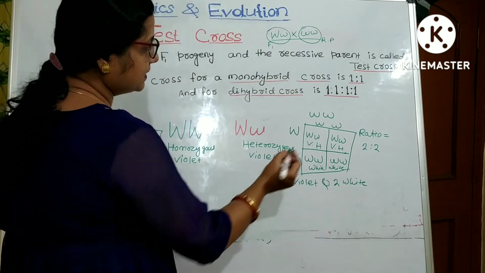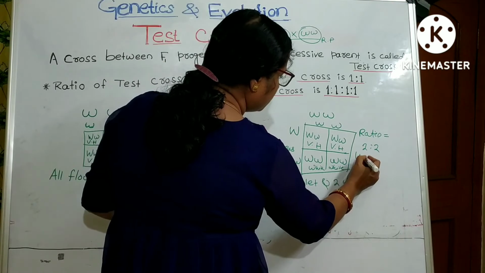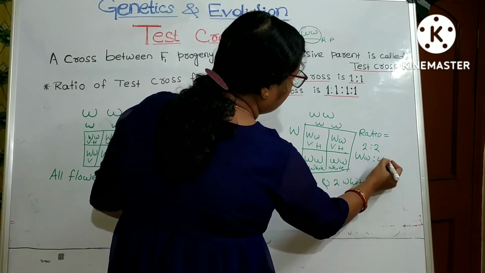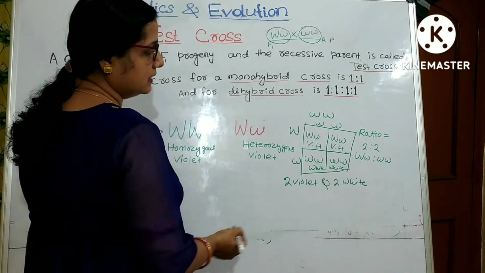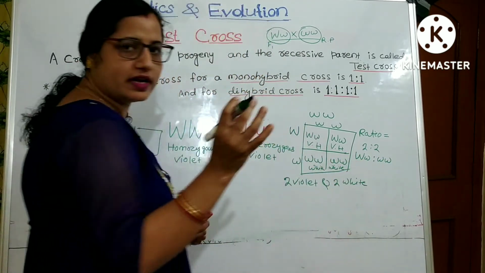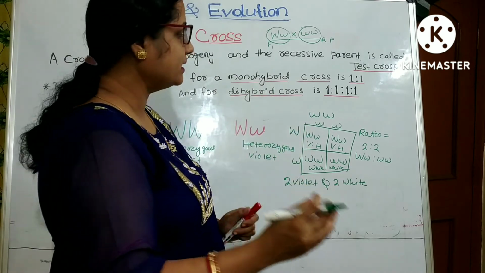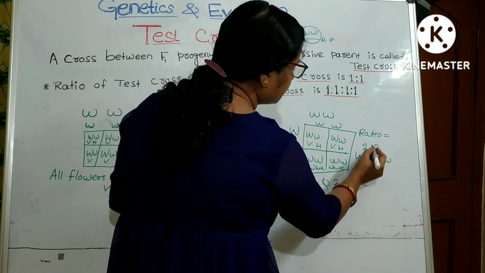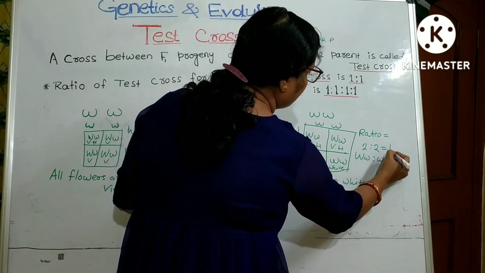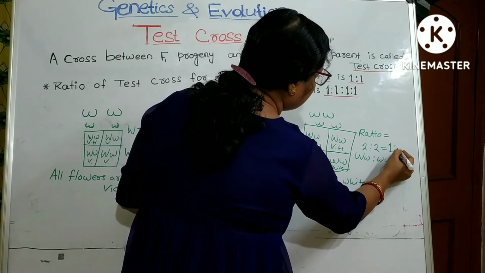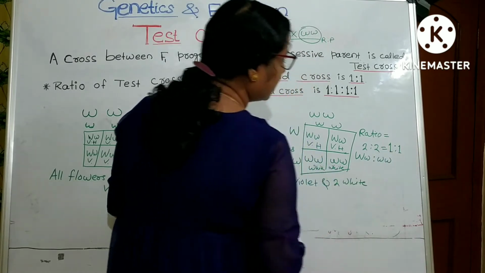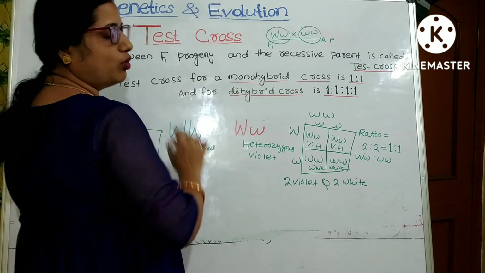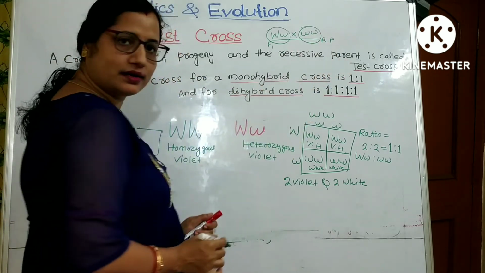It means two are capital W, small w, that is hybrid violet, and two are small w, small w, that is white. 2:2 is equal to 1:1. So the ratio of a test cross in a monohybrid cross is 1:1.